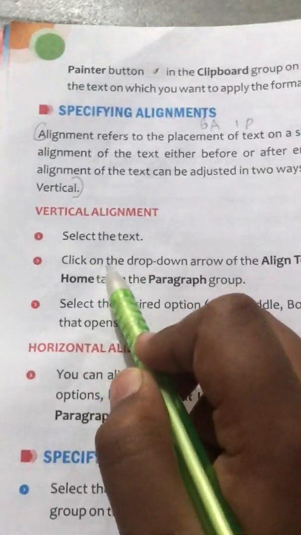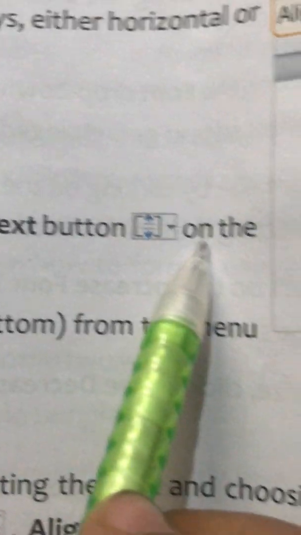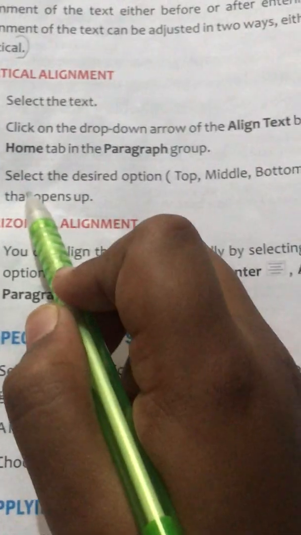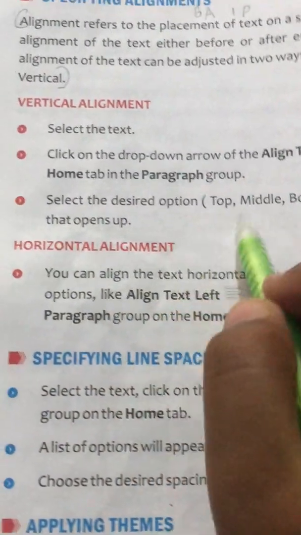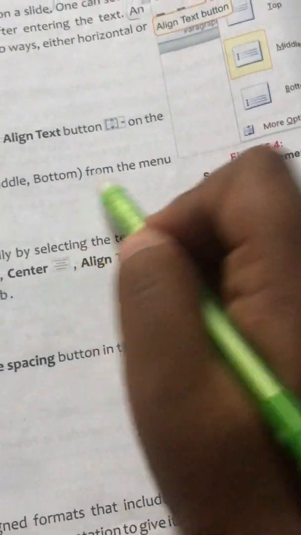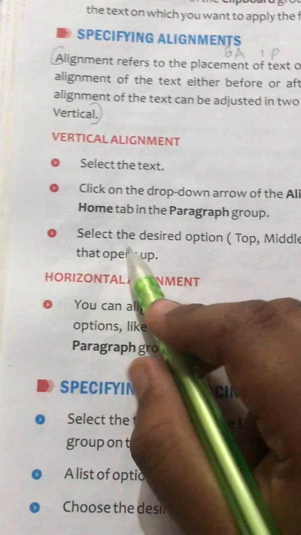Vertical alignment. Select the text. Click on the drop-down arrow of the Align Text button. On the Home tab in the Paragraph group, select the desired option, top, middle, or bottom from the menu that opens up.